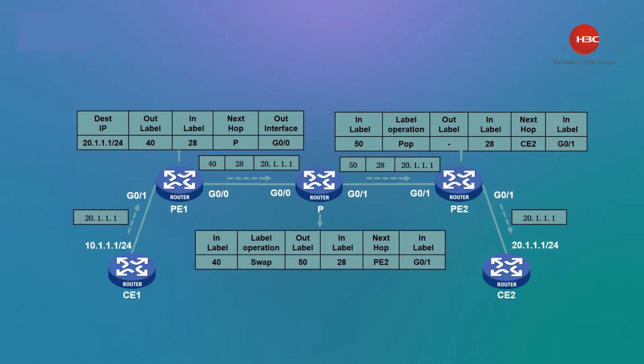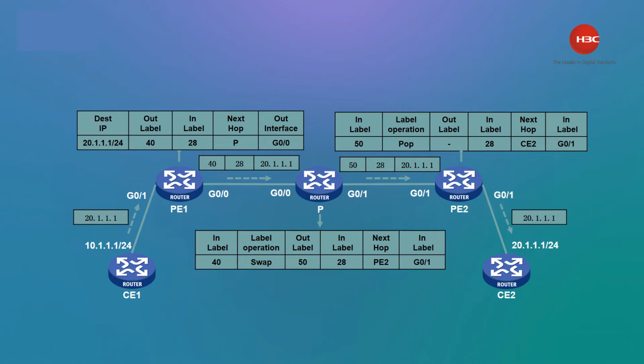MP-BGP tags the inner layer label 28 to identify the VPN, looks up the MPLS forwarding table, and tags label 40 on the outside of the message, and then sends it to the P device.